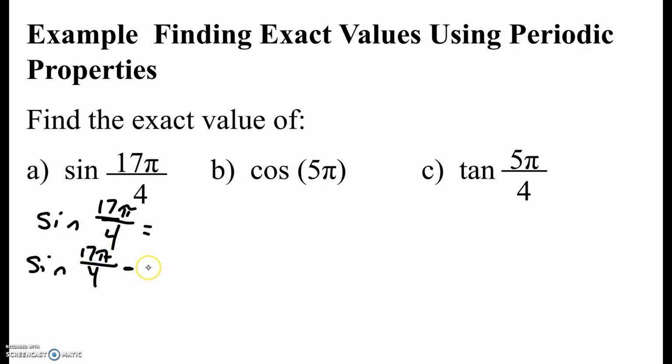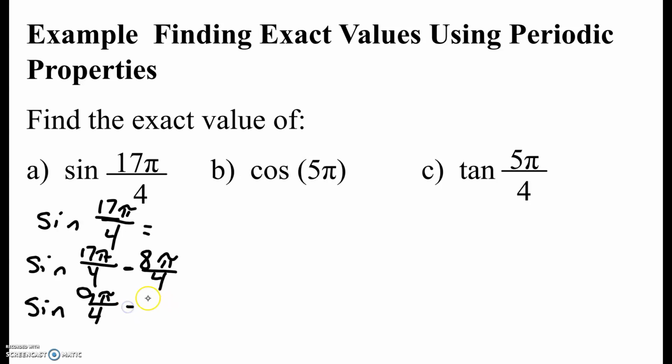if I subtract 2 pi. And if I subtract 2 pi, 17 pi over 4 minus 8 pi over 4 would be 9 pi over 4. That is still more than 2 pi.